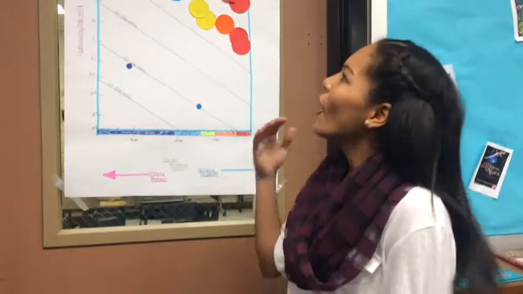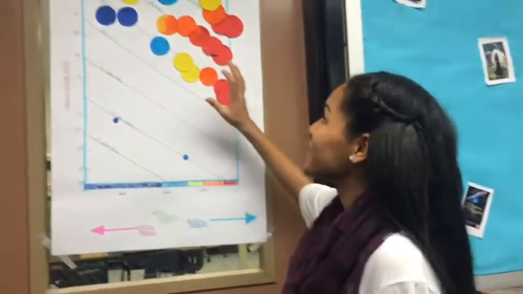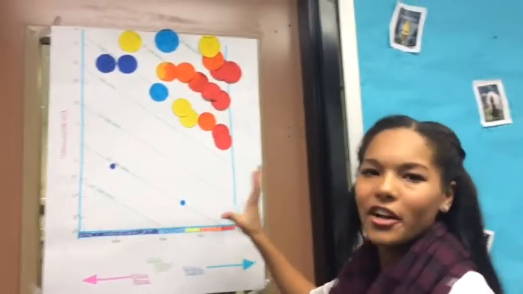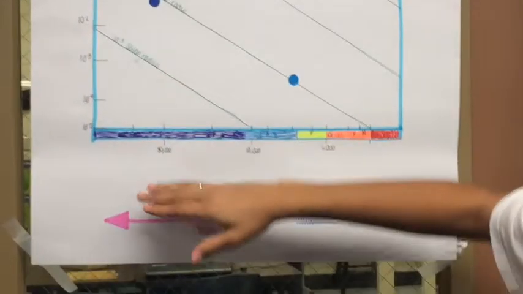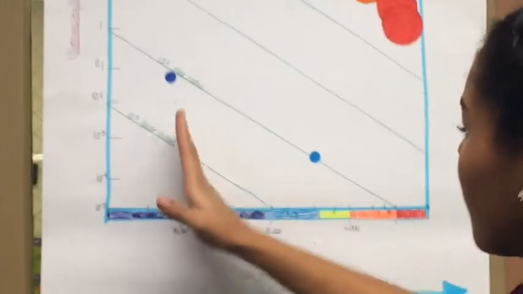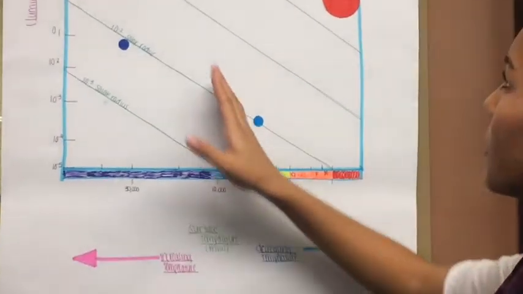Hello, back again. Today I'm going to be telling you all about the Hertzsprung-Russell diagram. And as you can see, there are different sizes of stars and different colors. Here you can tell what color the stars are. So for instance, all the dark blue are under the dark blue, all the light blue are under the light blue.